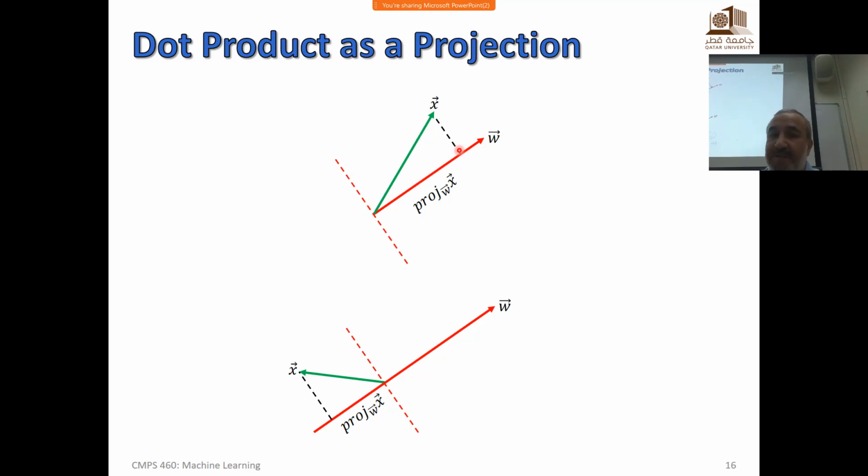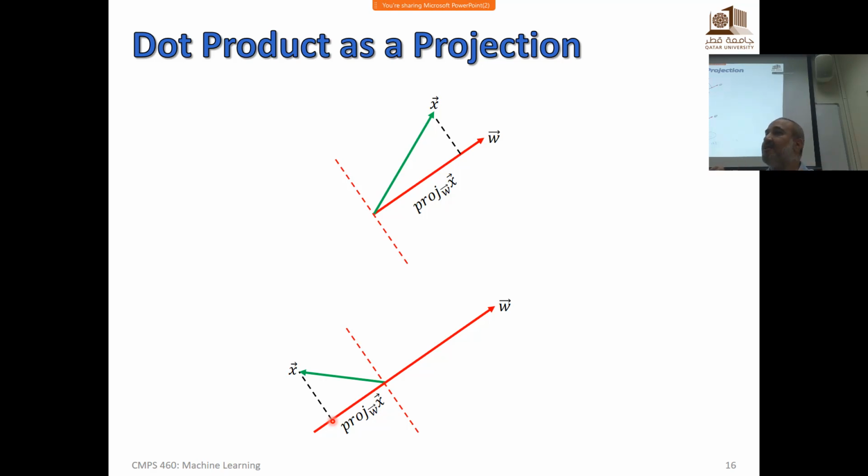So if the projection is positive, that means that x is on the same side of the decision boundary like w. They are at the same direction, the same side of the decision boundary. If x is on the other side, then the projection will be negative, and thus the predicted label for this point will be negative.